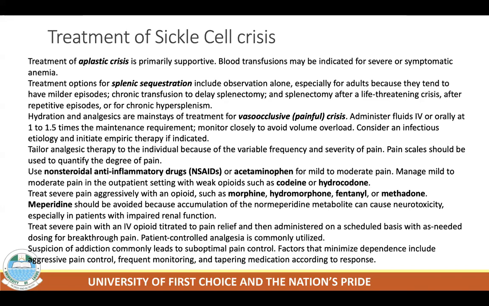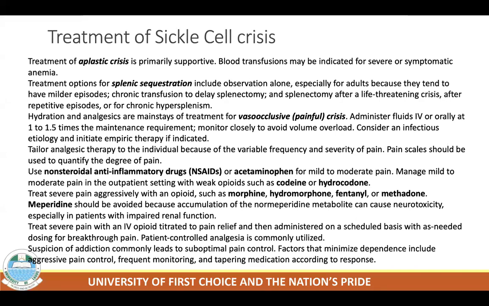Empirically, you can provide antibiotic treatments because it may result from infection as well. It's advised to tailor analgesic therapy to the individual because of the variable frequency and severity of pain. So usually, you may not necessarily rely on the analgesic scale when you are treating patients with vaso-occlusive crisis.